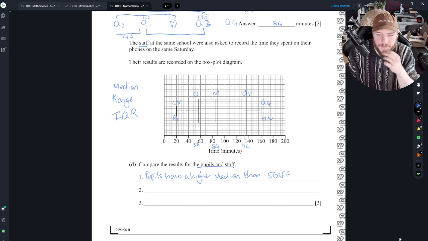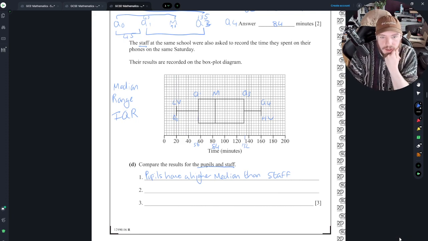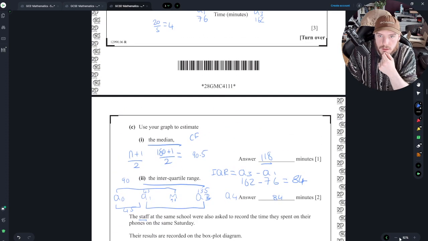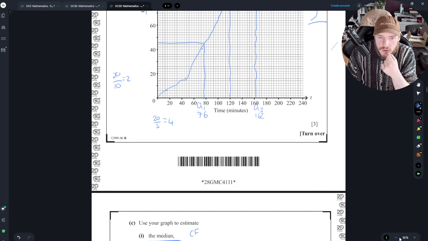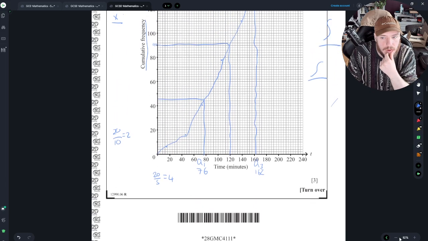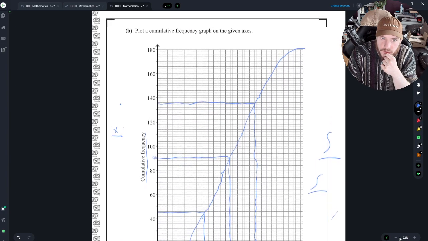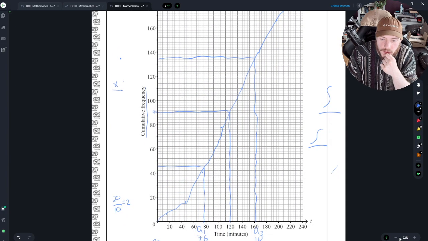Makes sense, yeah? So, next thing, range, okay? Our lowest value is 20, our highest value is 160, so our range for our staff is 160 minus 20, which is 140. Okay, so let's look at the range for our pupils then.